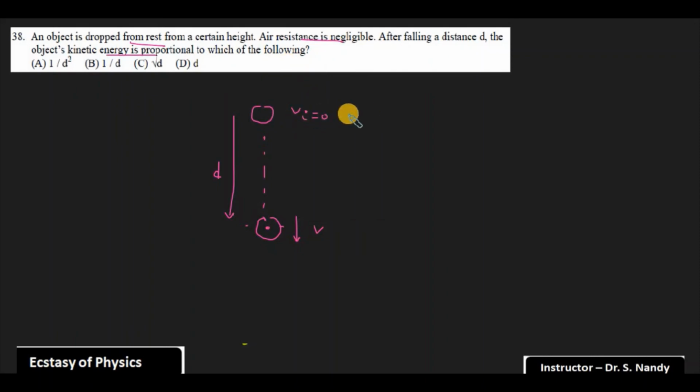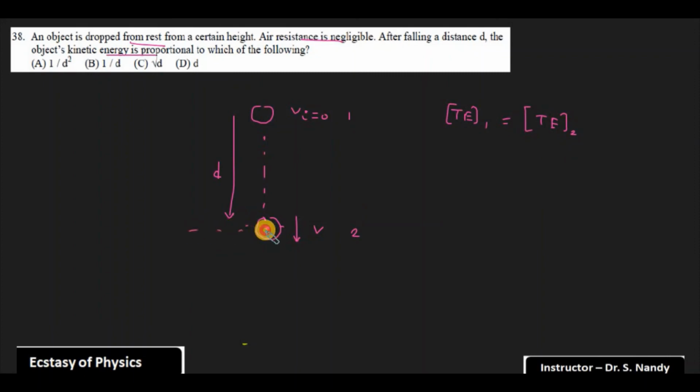So between position 1 and position 2, we can apply the conservation of energy. According to the conservation of energy, the total mechanical energy is conserved. So we can say the total energy at point 1 is equal to the total energy at point 2.